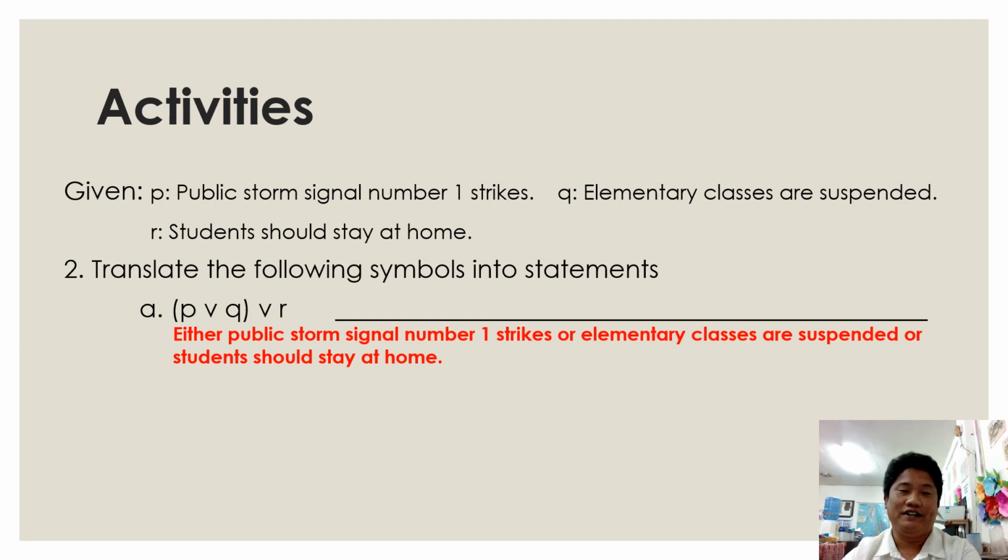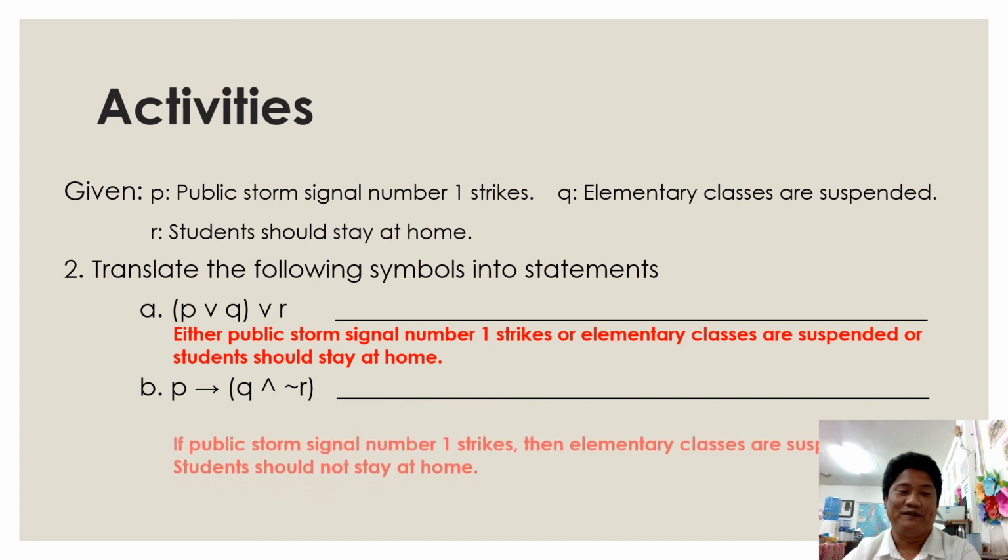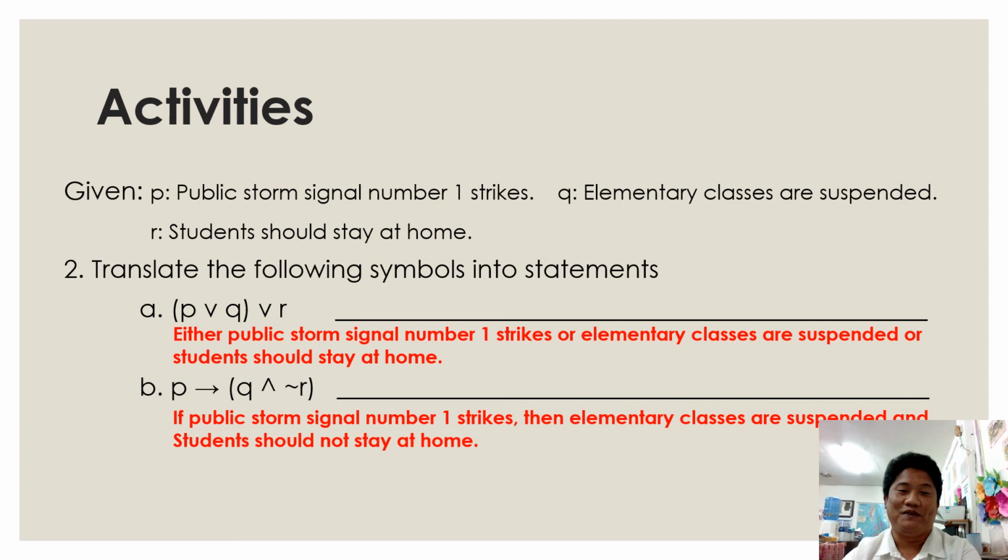Let's move on to the second symbol: if P, then the conjunction of Q and the negation of R. So, if P, then Q, and not R. Our answer: if public storm signal number 1 strikes, then elementary classes are suspended and students should not stay at home.